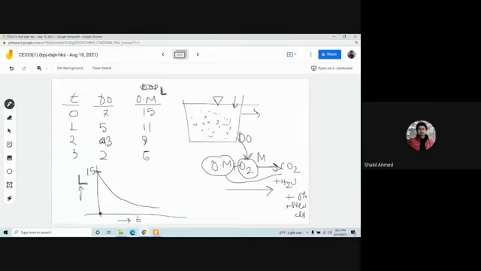When time is 0, this is 15. When this is 1, this is 11. When this is 2, this is 9. When this is 3, this may be 6. So the curve will be like this.